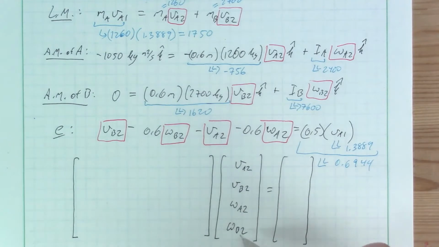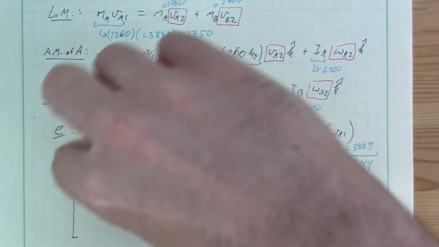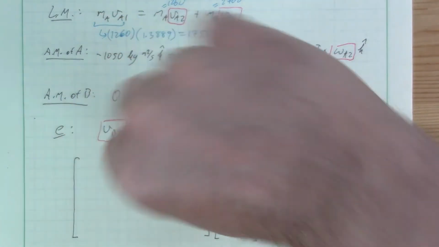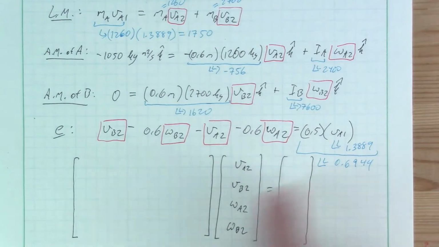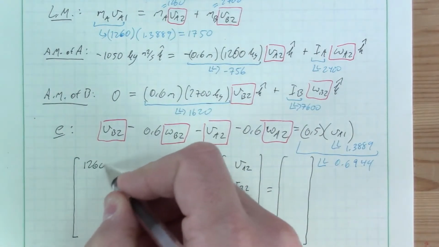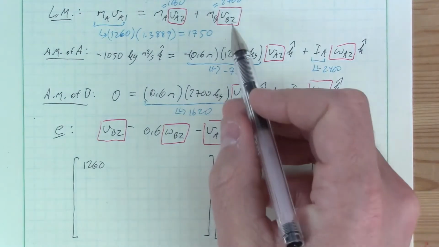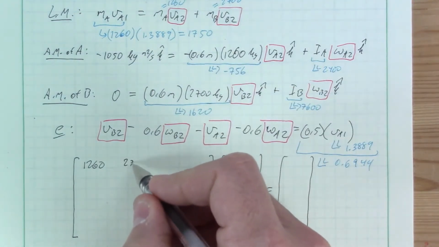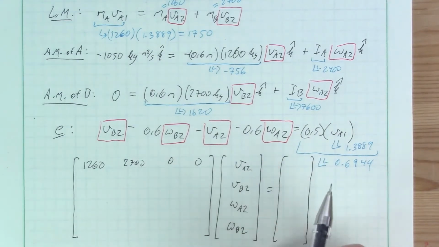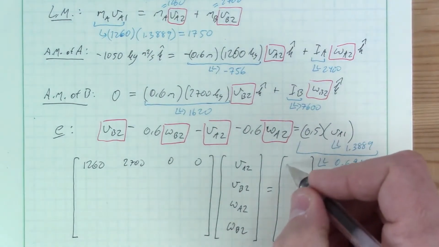The 2's, remember, just refer to after the collision. Okay, and then we treat these as matrices. So coefficients on each of these are going to be this row, and then to the first equation. So the first equation looks like we have 1260 multiplying VA2, 2700 multiplying VB2, and then nothing multiplying these two, equals 1750.